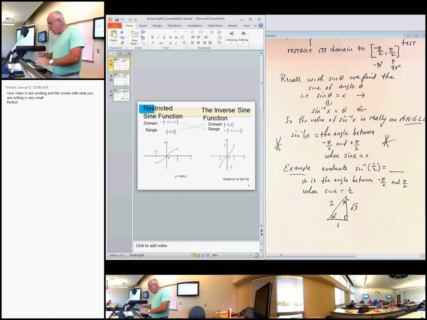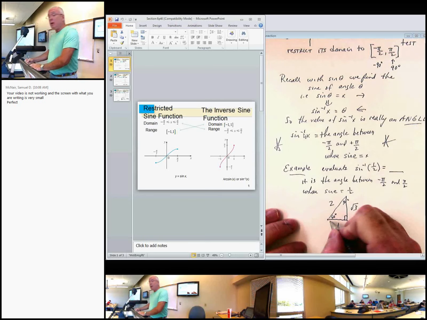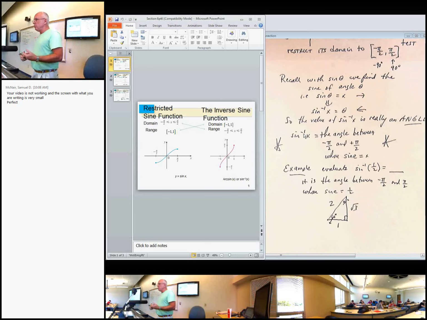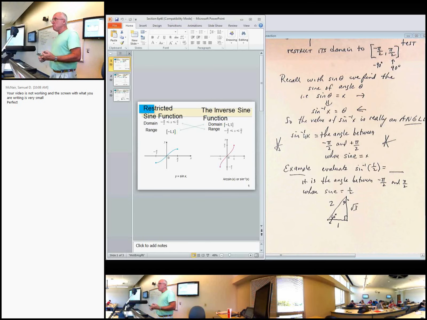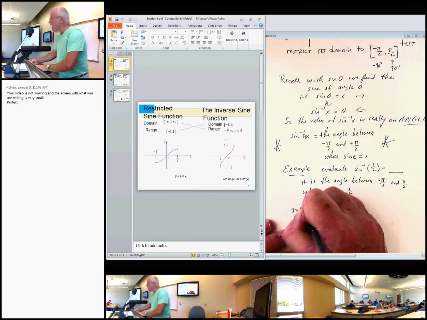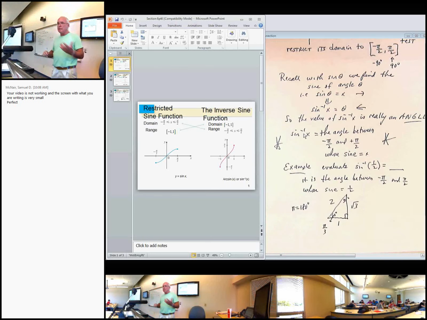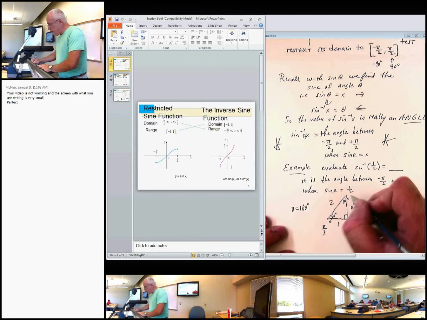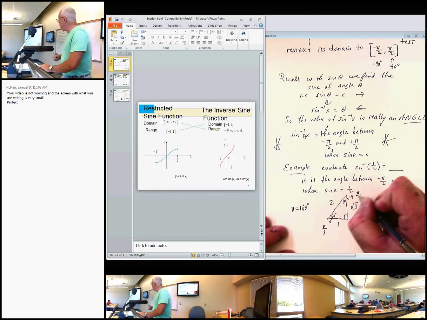And of course, we're going to remember that 60 degrees is really pi over what number? Pi over 3. Remember that pi is the same as 180 degrees. One is in radians, the other is in degrees. So 60 degrees is pi over 3, 30 degrees is pi over 6.